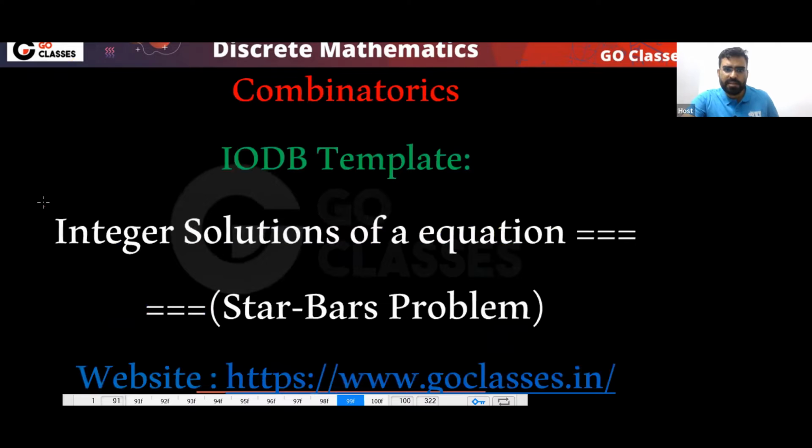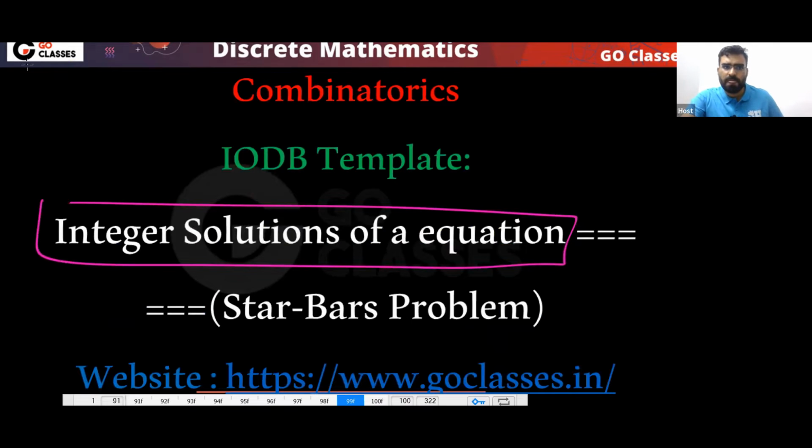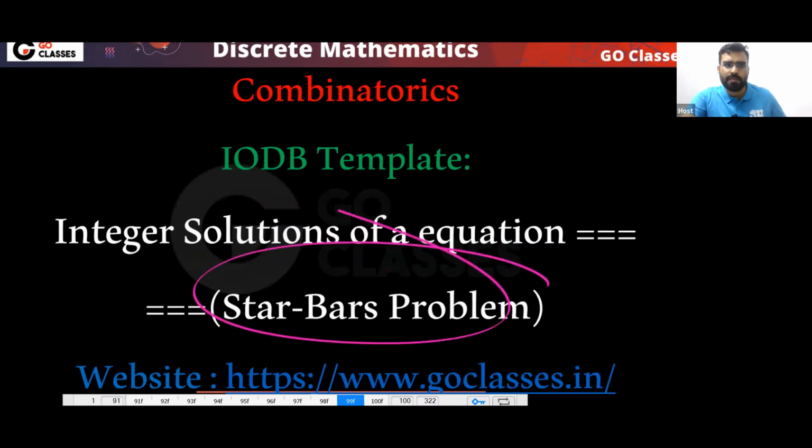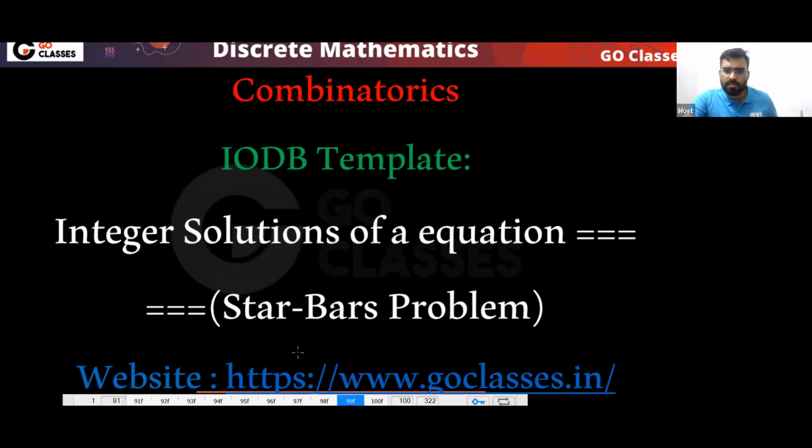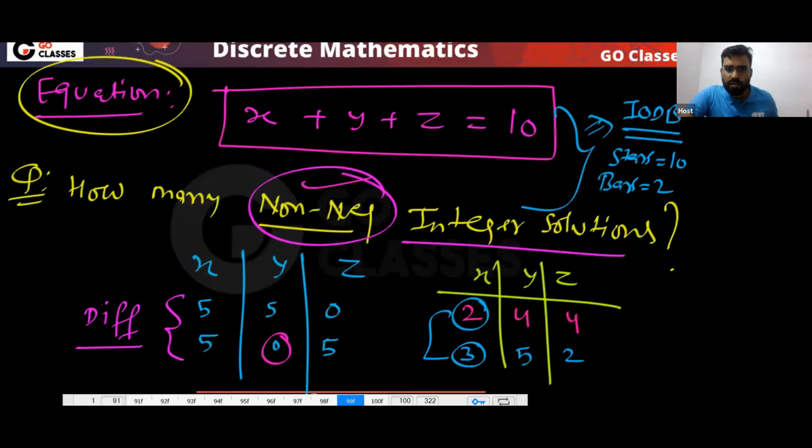The idea is this: integer solutions of an equation are the same as the star bar problem. But when you apply star bar, you have to make sure that you have non-negative integers. Remember, you have to make sure of non-negative integer solutions.